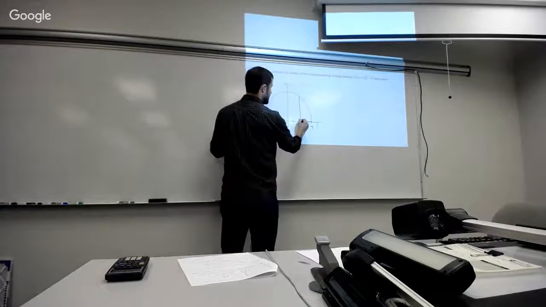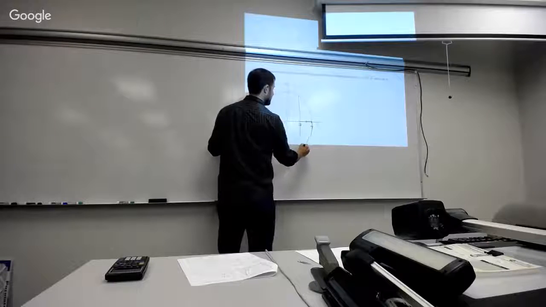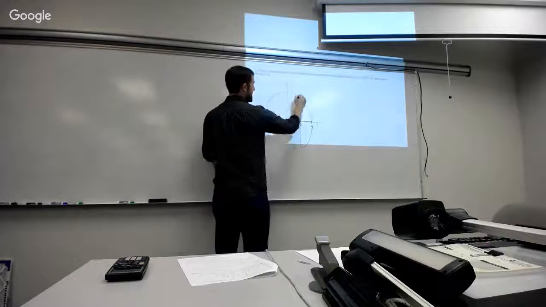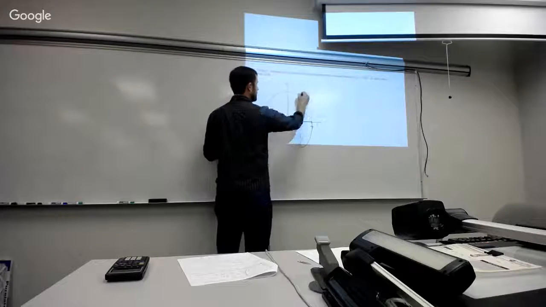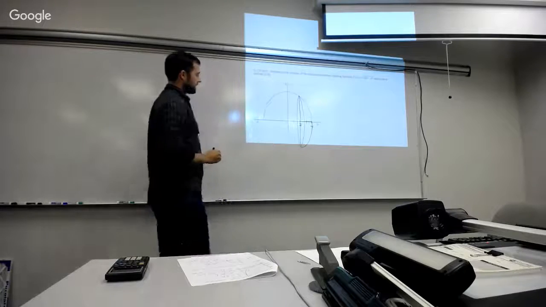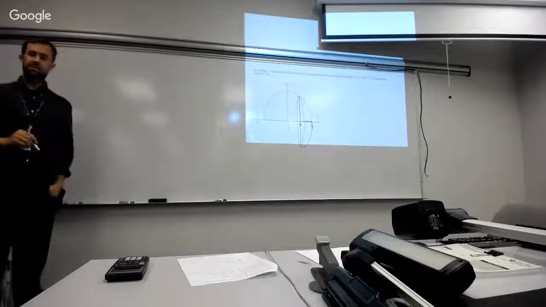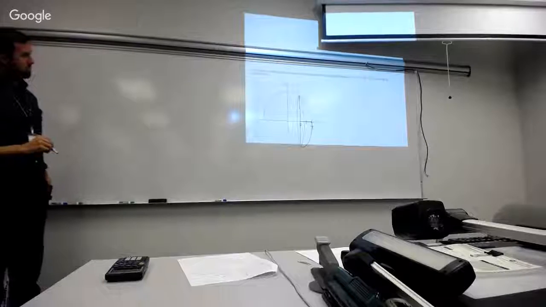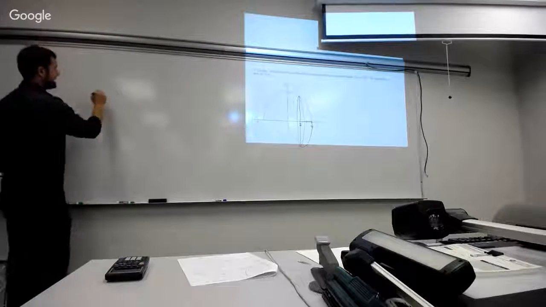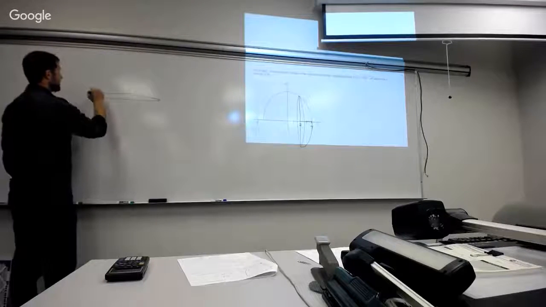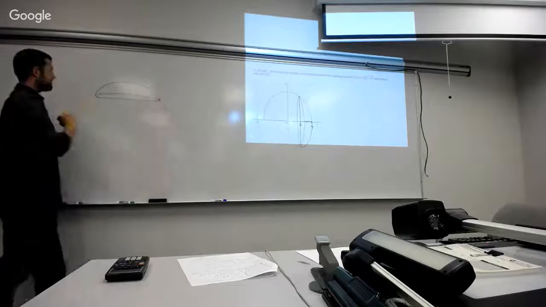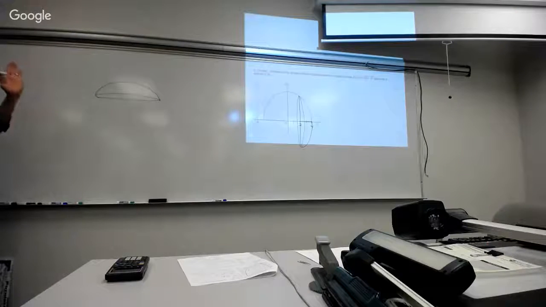And what does that thing end up looking like? It looks like that. Can you all imagine what that thing looks like in 3-dimensional space? If I were to rotate it like this, it would look like that, right? It's like the cap.